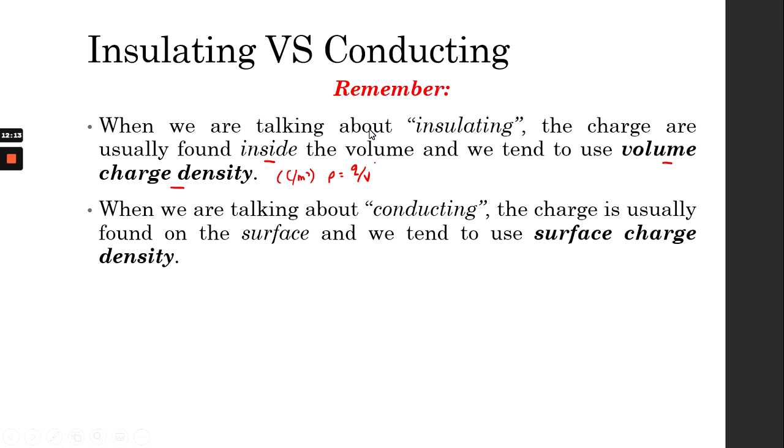And then we have what we call a conducting object. If you have a conducting object in your problem, the charge of a conducting object is usually found on the surface of that object. Since this is a surface, we have to measure it in terms of surface charge density, meaning the unit is coulombs per meter squared.